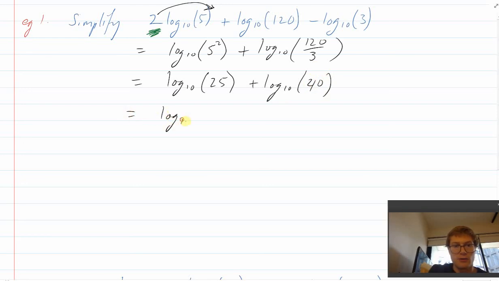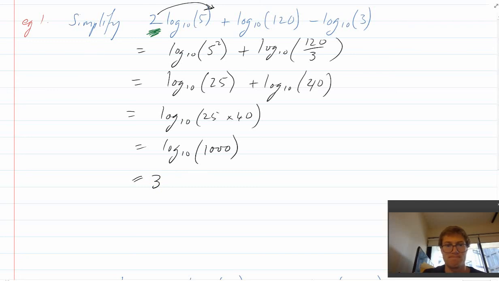Now I can use log law number 1, do 25 times 40. Well, 25 times 4 is 100, so this must be 1000. Now this is kind of saying we've got a base of 10, what power gives us 1000? And so you can see the answer must be 3.